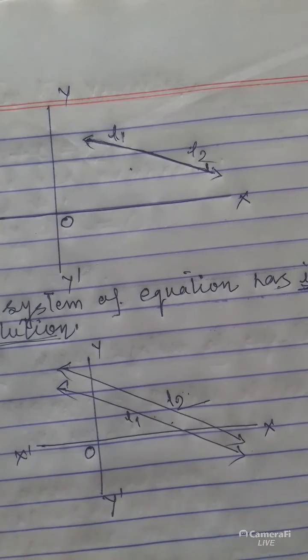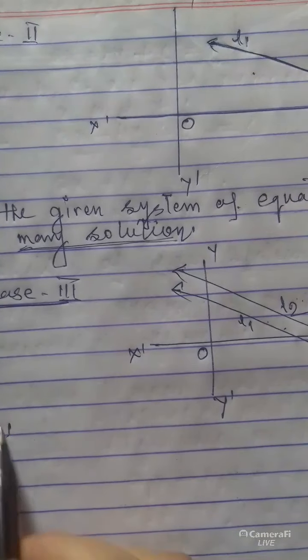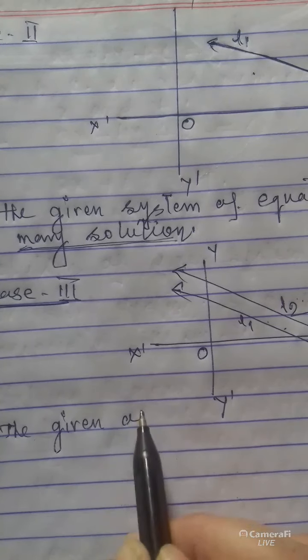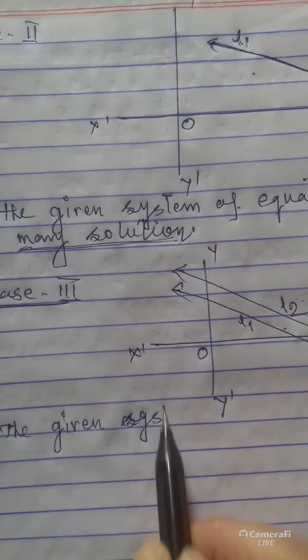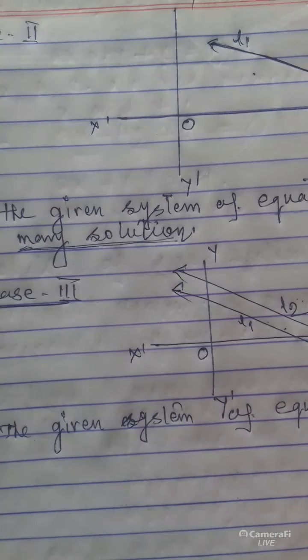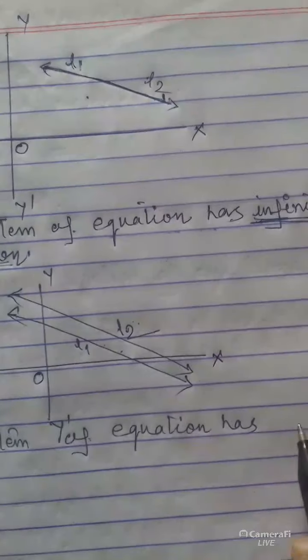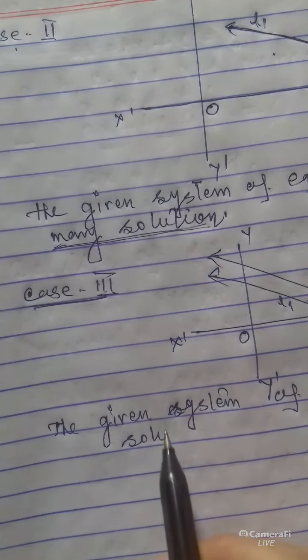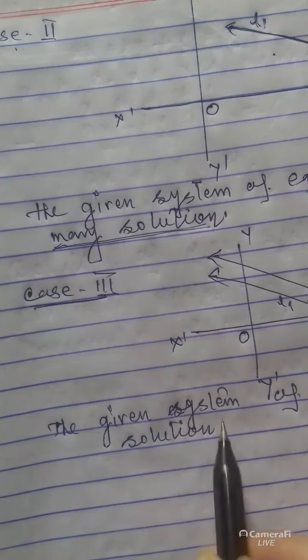We can say the given system of equations has no solution. Is it clear?